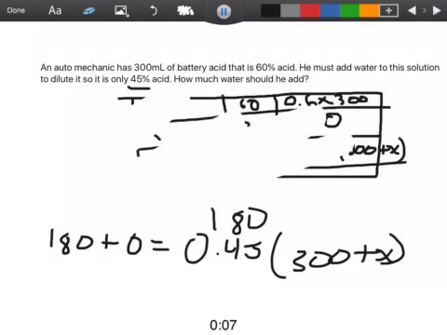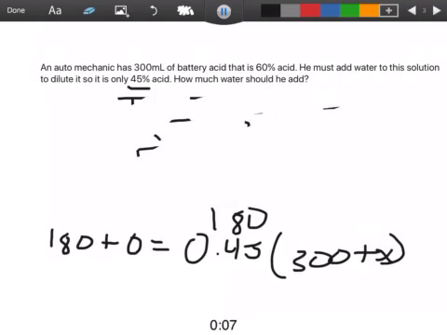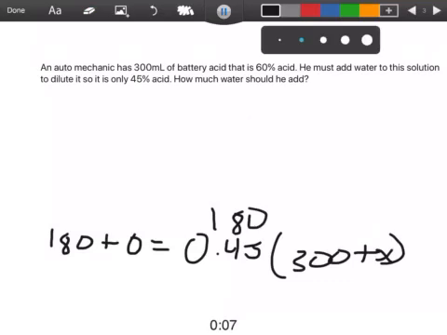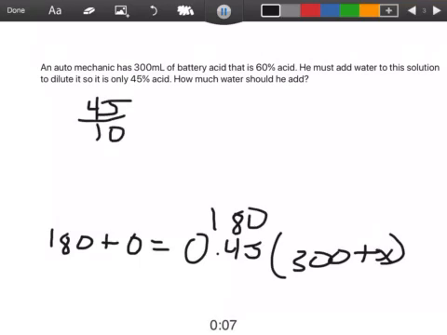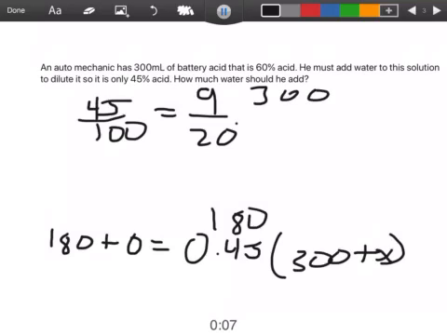Let me erase this chart. So 0.45 equals 45 over 100, which equals 9 over 20, and we're multiplying by 300.